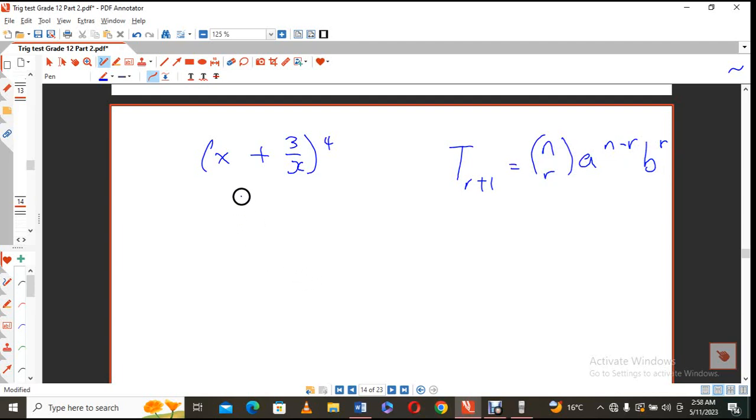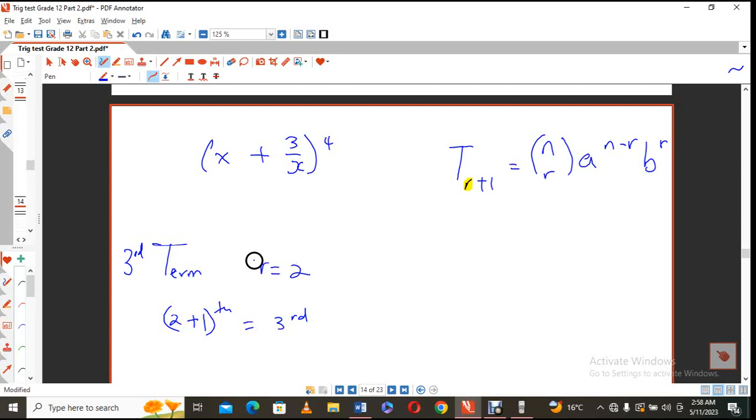The thing is, we don't know what the value of r would be. r is representing the term. If I was talking about the third term, r will equal 2, because the third term will be 2 plus 1. That is going to give you the third term.